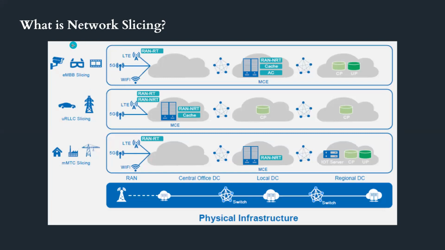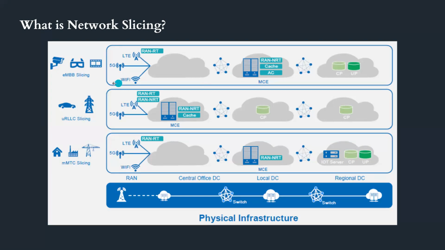Based on the requirement, for example eMBB or enhanced mobile broadband, the network operator who is operating the network will create an agreement with the customer, which is known as the SLA or service level agreement. We will get to that later. The service level agreement will define the mobile operator's agreement towards this certain application requirement.